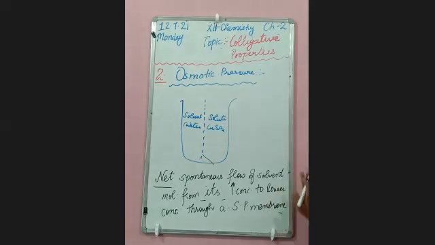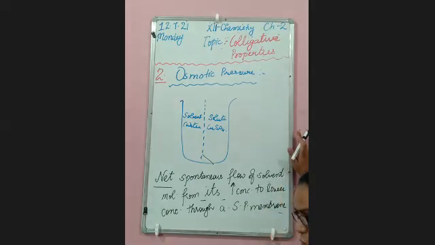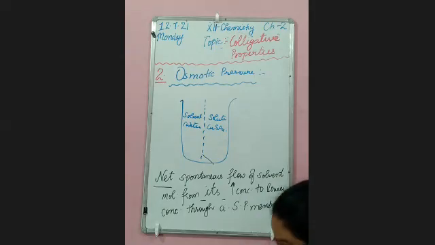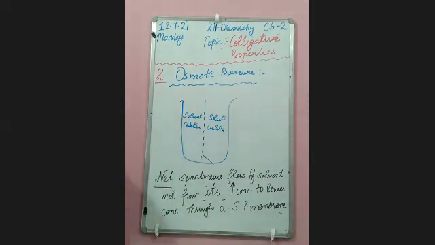So kindly understand it and then cram it. Do cramming with understanding. Okay? So it is the net spontaneous flow of solvent molecules from its higher concentration to its lower concentration through a semi-permeable membrane is called osmosis.